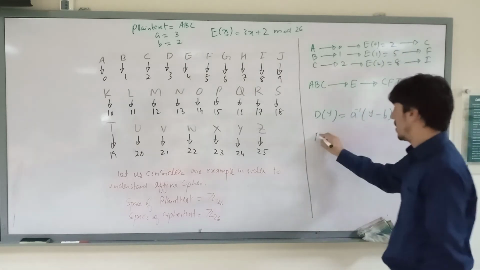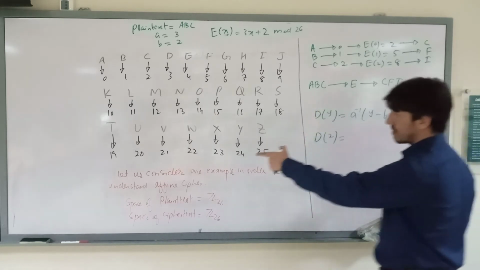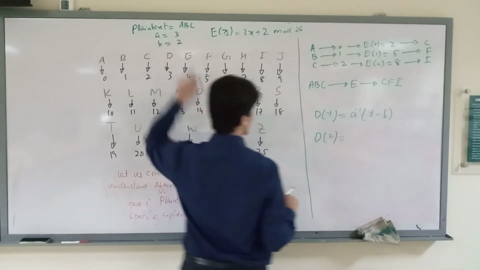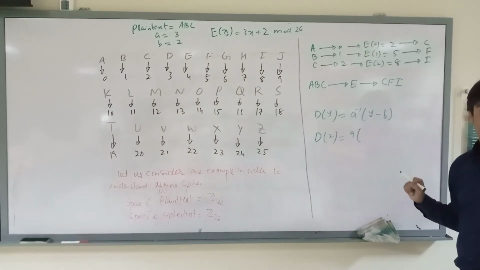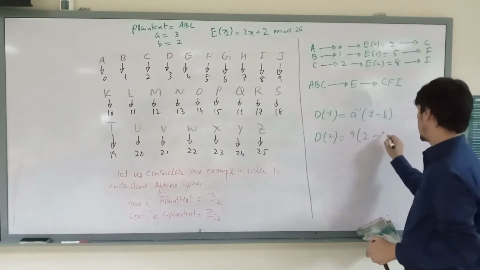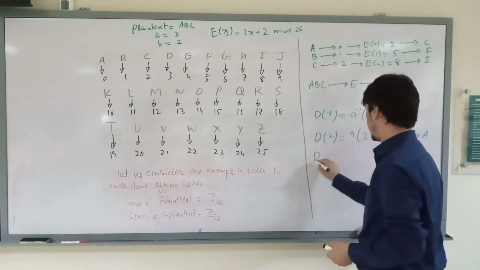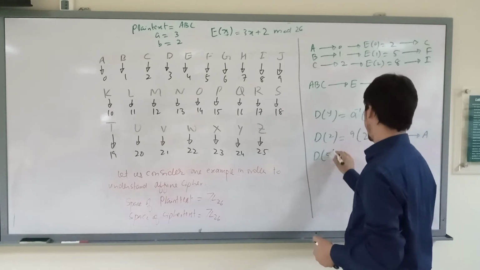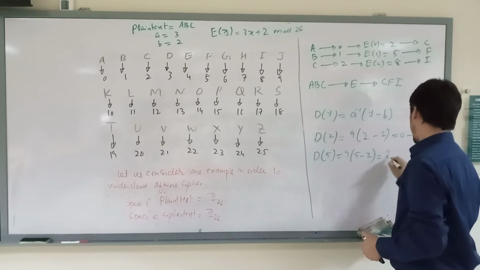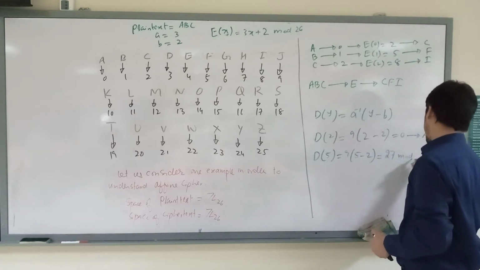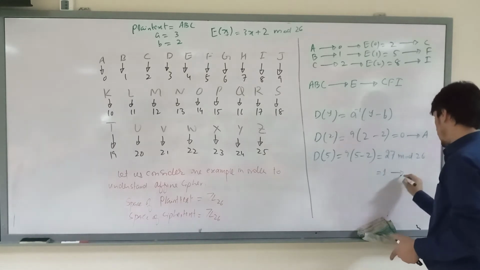So for y equal to 2, the inverse of 3 is 9 under mod 26. So 9 times 2 minus 2, what do you get? 0, which is A. Then 9 times 5 minus 2 is 27. Taking mod 26, its remainder is 1, so you get B.